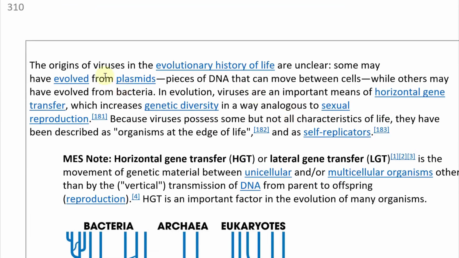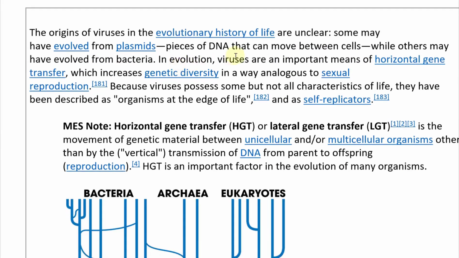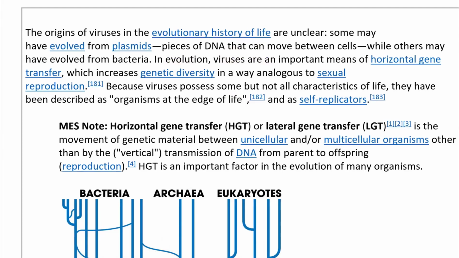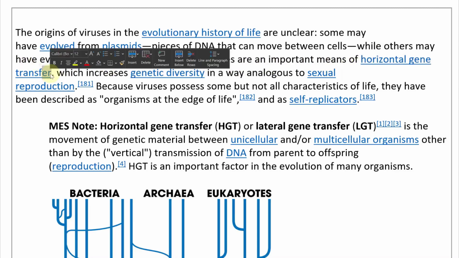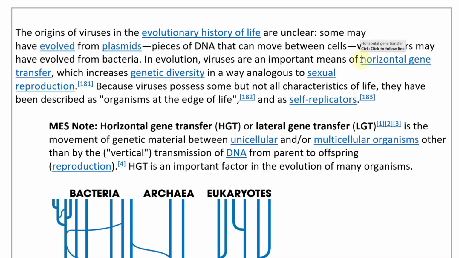So the origins of viruses in the evolutionary history of life are unclear. Some may have evolved from plasmids, which are pieces of DNA that can move between cells, while others may have evolved from bacteria. In evolution, viruses are an important means of horizontal gene transfer. This is a very interesting concept here.